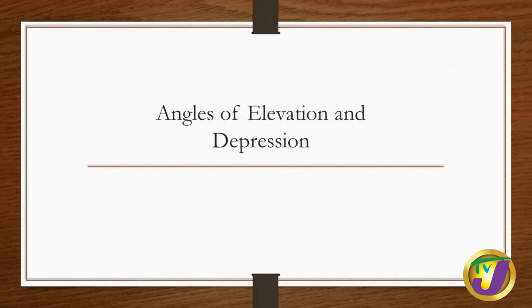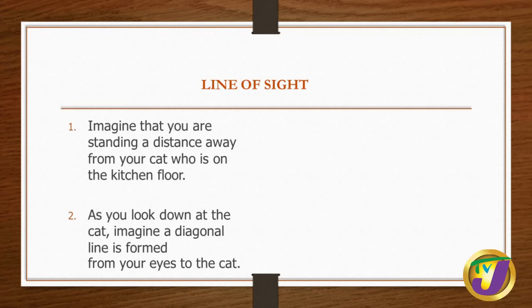Good. So let's get into the meat of the matter, where we are applying the trig ratios to find angles of elevation and depression. Imagine that you are standing a distance away from your cat, who is on the kitchen floor.